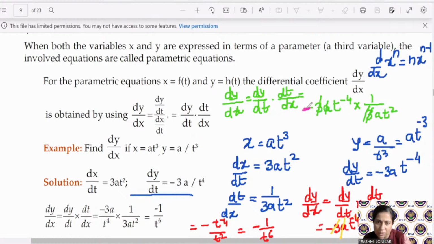I'm left with this minus sign, this t raised to minus 4, and t square. So this is equal to minus 1 upon t raised to 6. The 3 has got cancelled.